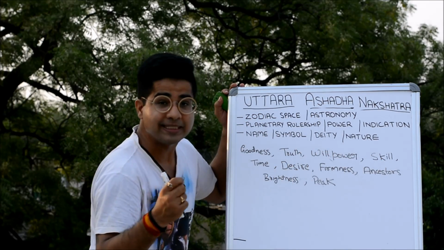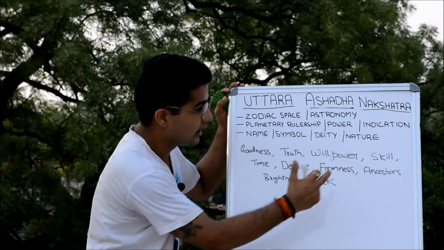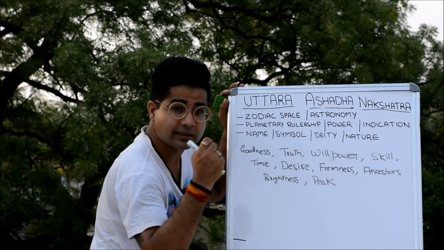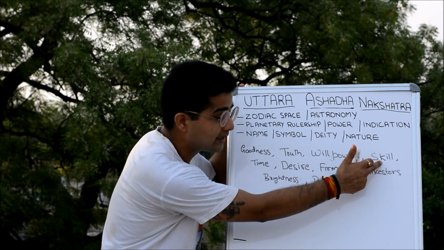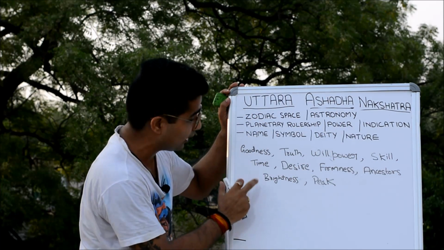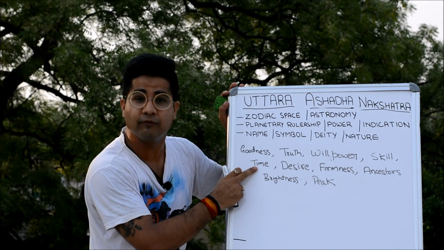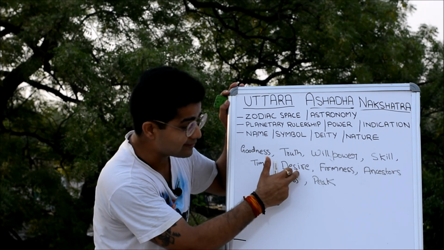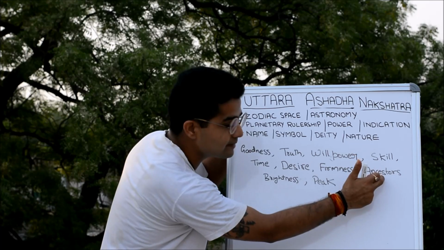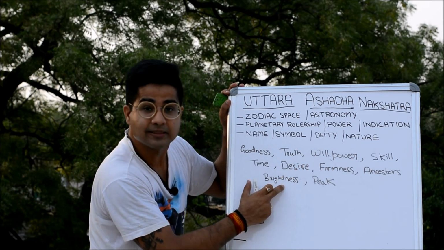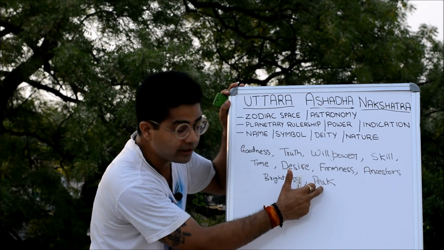Skill can be seen from Hasta or Chitra. Even the presiding deity is seen as Daksha, one of the 10 universal gods. The ritual skill you will find inherent in this nakshatra. Time can be associated with Hasta nakshatra. Desire with Bharani, firmness with Jyeshtha and Vishakha, ancestors with Magha, brightness again with Rohini, and peak with Mula.